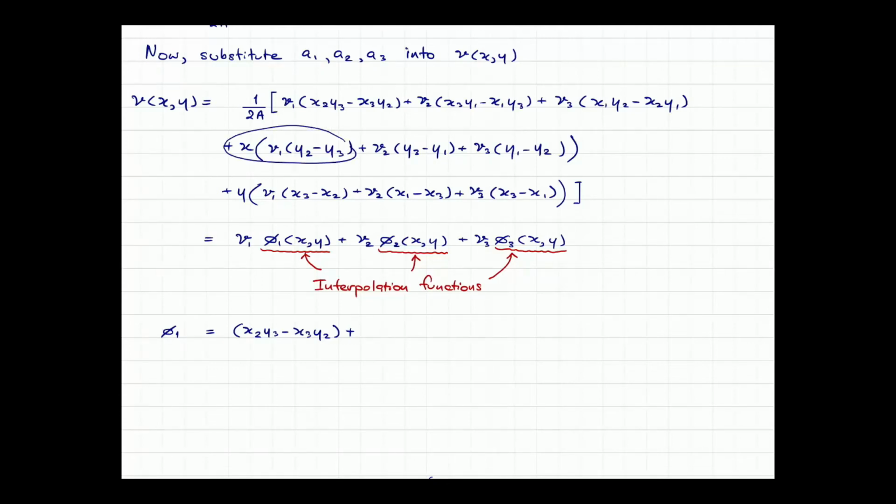X multiplied by y1 y3. Oops, y1. And then plus the y multiplied by x3 minus x2, all divided by 2a, because you have the 2a out there.